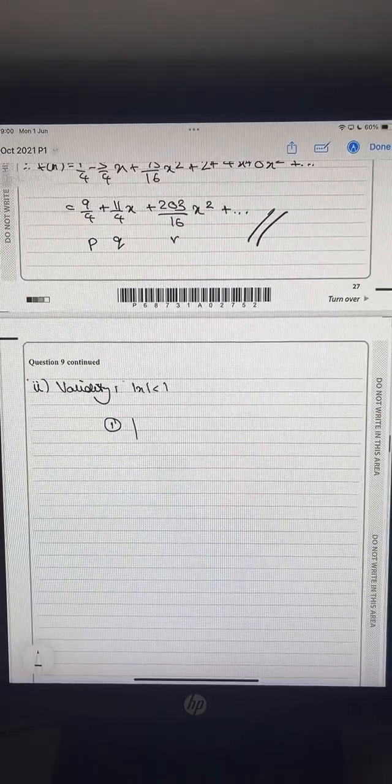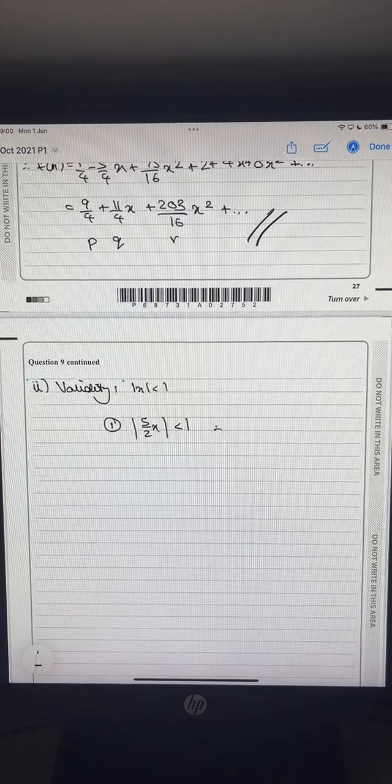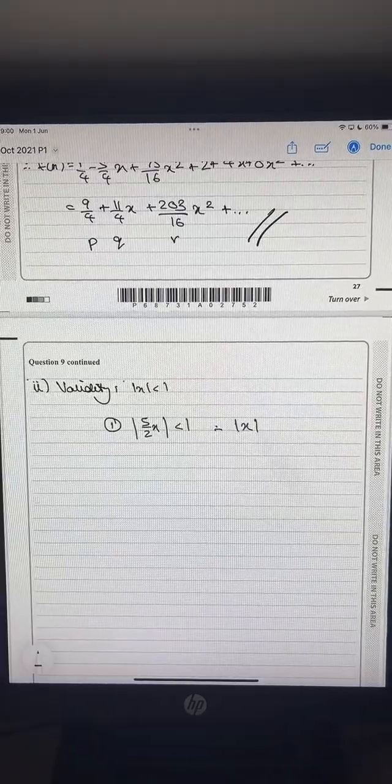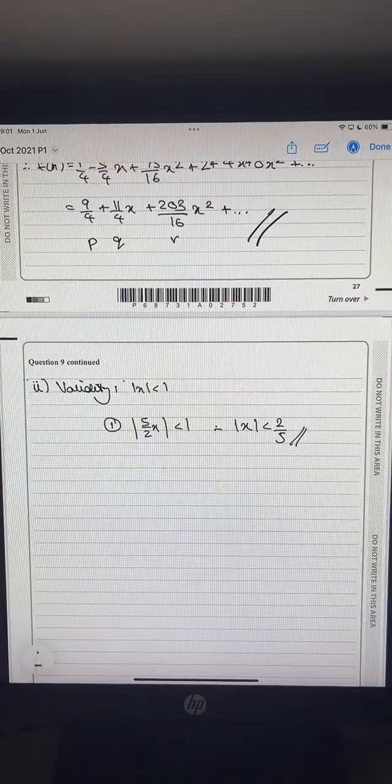So we need 5 over 2x to be less than 1. So whatever my coefficient of x is, that bundled with that x has to be less than 1. So therefore, if I just rearrange this for x on one side, I have the modulus of x is less than 2/5. So that is how I get my validity range there.